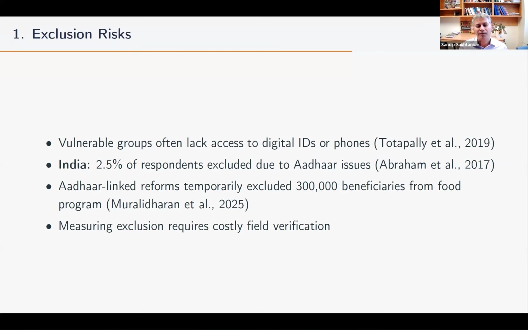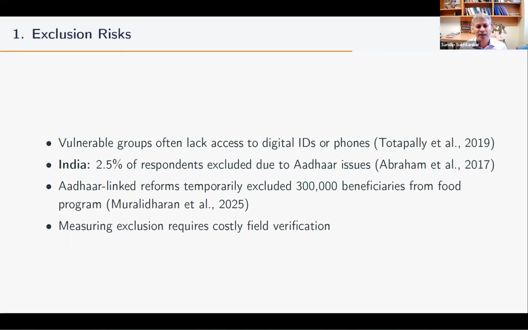If you're using a phone survey to check whether people have access, but people don't have phones, how are you going to know whether they're not being able to access the program? So to really focus in on exclusion, you're going to have to go out there, which is very, very costly. Okay, so that's one takeaway.